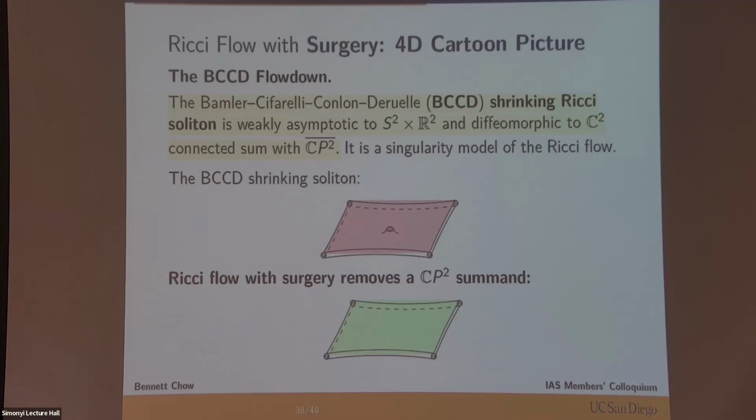There we have CP1 cross C blown up at one point, and that would remove a connected CP2 summand. None of these happened in the spin case, because spin is simply connected, it has even intersection form, and the intersection form for CP2 is just 1.